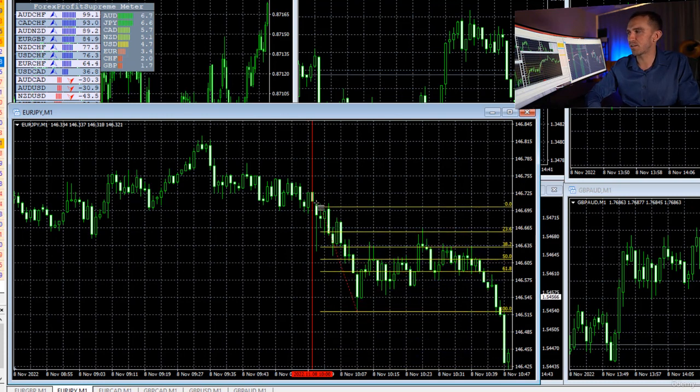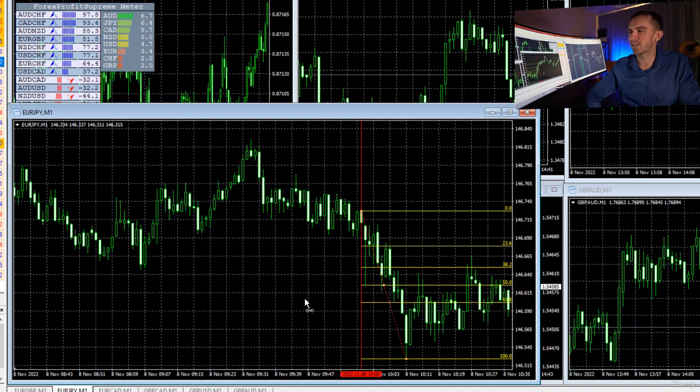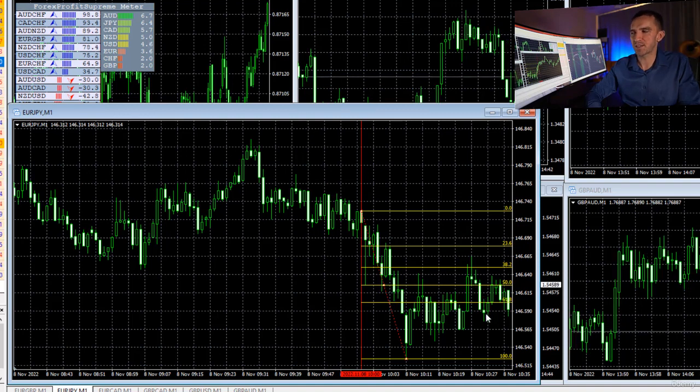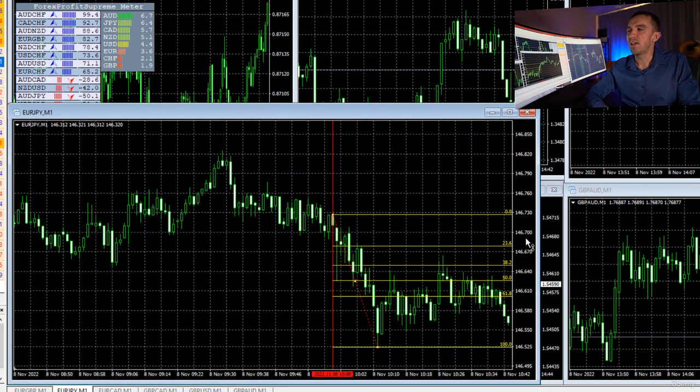This is when I'm using the Fibs and I'm drawing it this way. I'm catching the very first move right in here, and let's say I'm in this point and I take a few of the retracements like 2 or 3. As I said, maximum I use 3. And then what I would target, right? The first target would be the 100, okay?